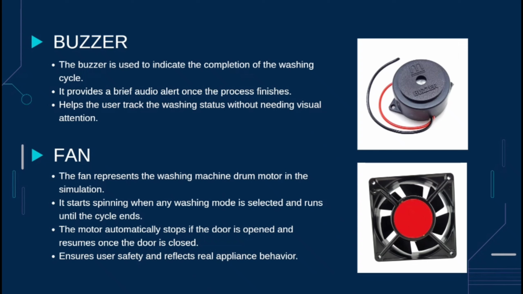The fan has been replicated to show the working of a drum motor in a washing machine. It runs continuously during the selected mode, automatically pauses when the door is opened, and resumes when it's closed again. This adds both realism and safety to the simulation as well.